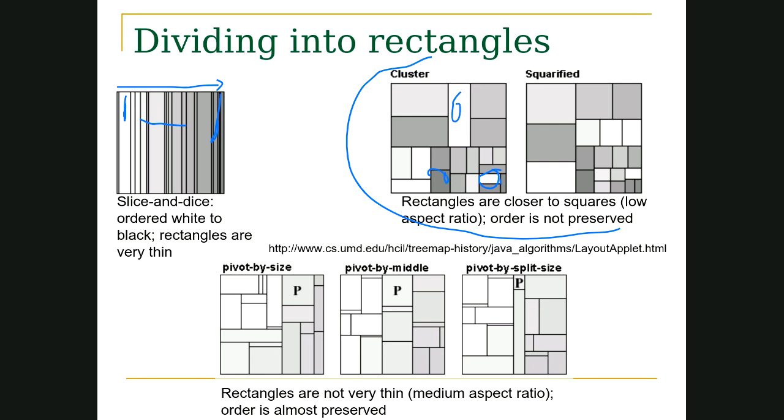So there's no order. Without using color to show order, you won't be able to tell which one is first, which one is last. Yes, they're able to get really good aspect ratios, but they lose order. That's why they came up with this third method here, where they can show order.